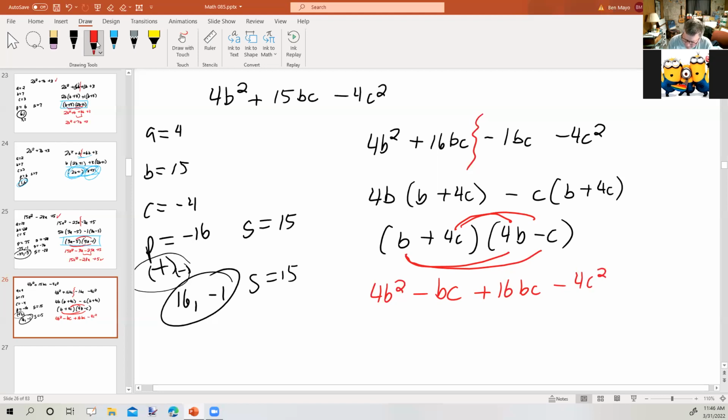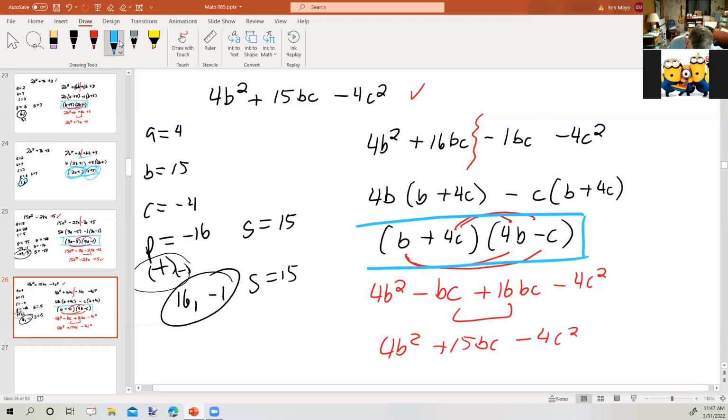Notice in my minus bc and my 16bc, I wrote the variables in alphabetical order so that it was easy to determine that they are like terms, which therefore can be combined. And that checks. So here is the correct answer.